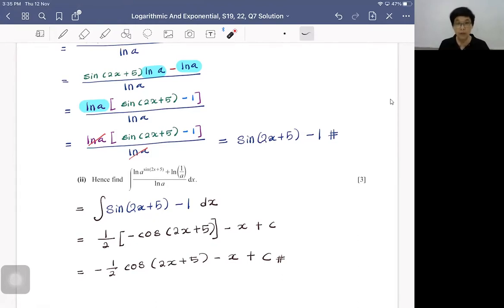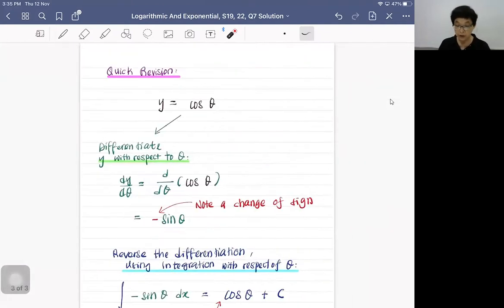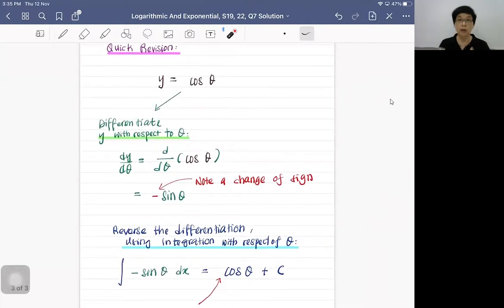To make it easier, I have prepared a quick revision for you. Those who haven't taken this lesson yet are most welcome to follow through and learn a little of the differentiation and integration lesson.